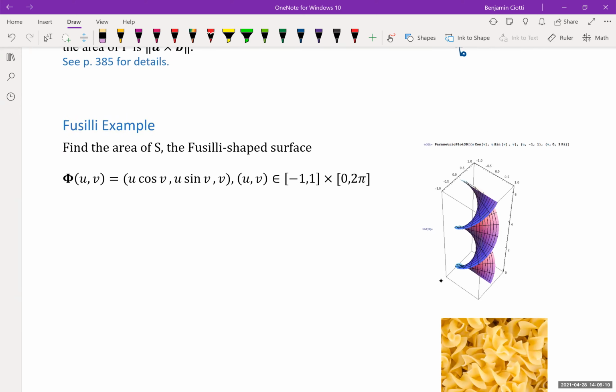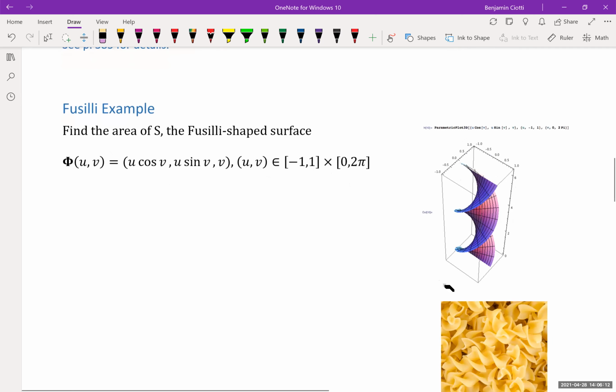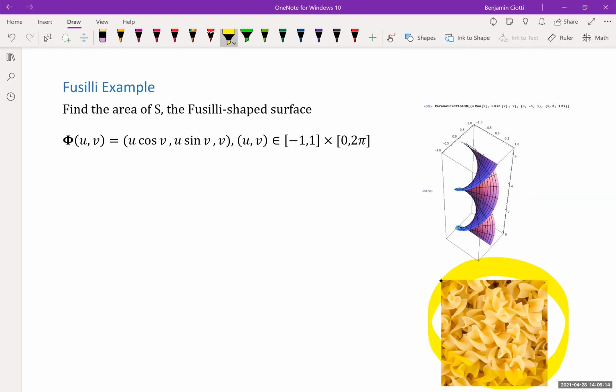which is a type of pasta. It's basically like an egg noodle. There are some egg noodles which look more or less like the surface that I would like to calculate the surface area of. And there's a plot of it in Mathematica.